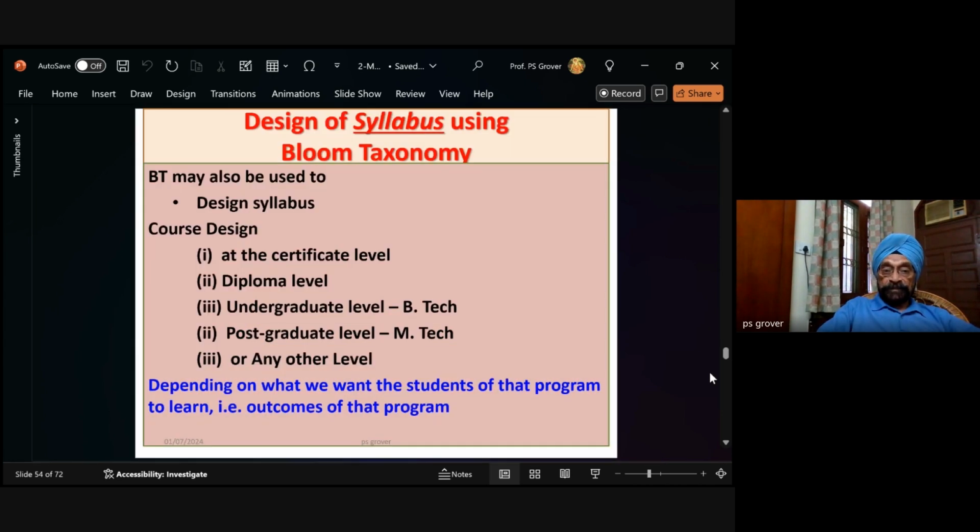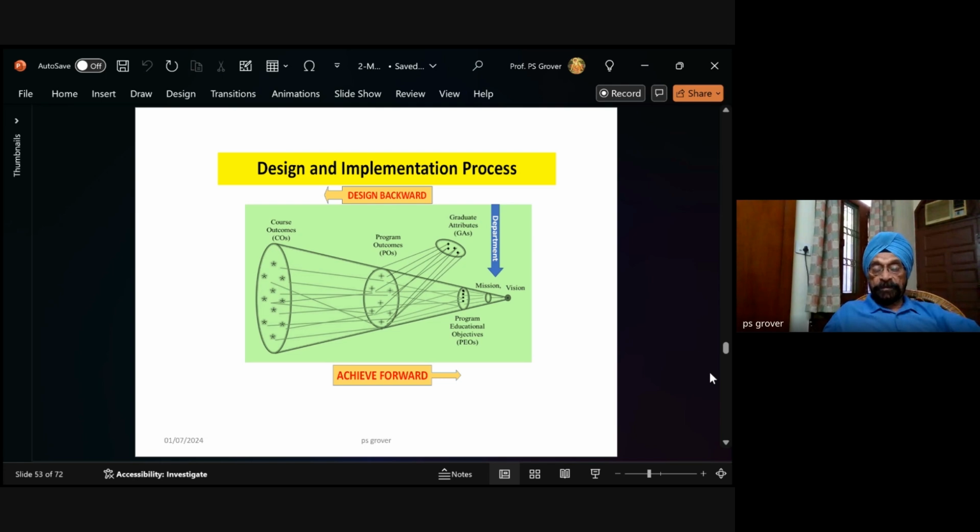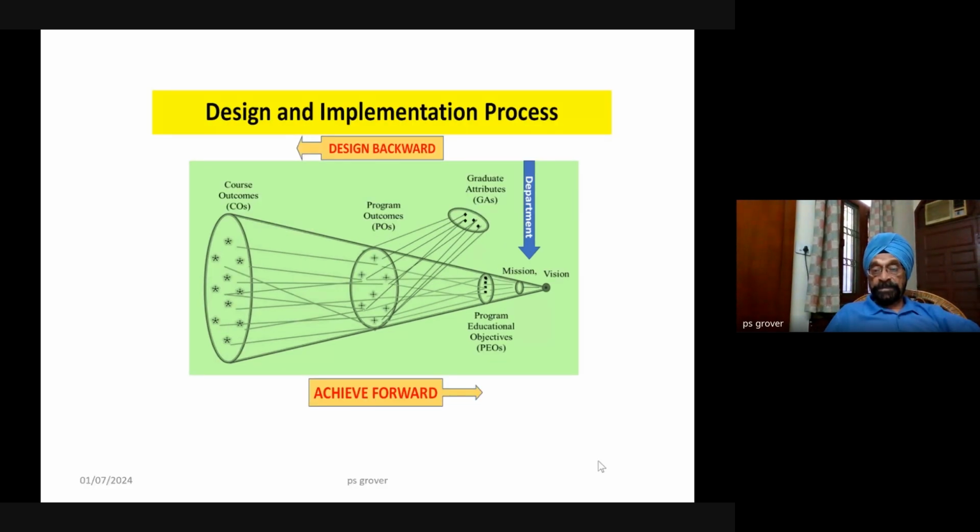So here it is, a design and implementation process. We start with vision and mission, then we have the program objectives, graduate attributes. They define program outcomes. They help us to define the course outcomes, and so on. This encompasses the whole process of designing and achieving, designing the curriculum.